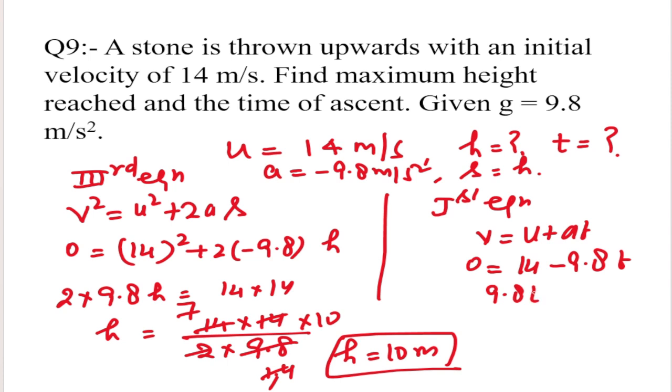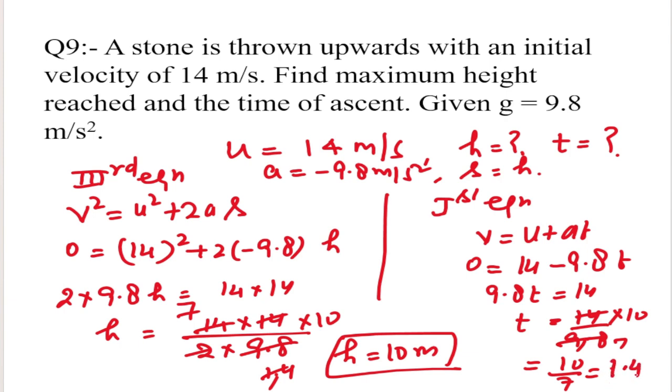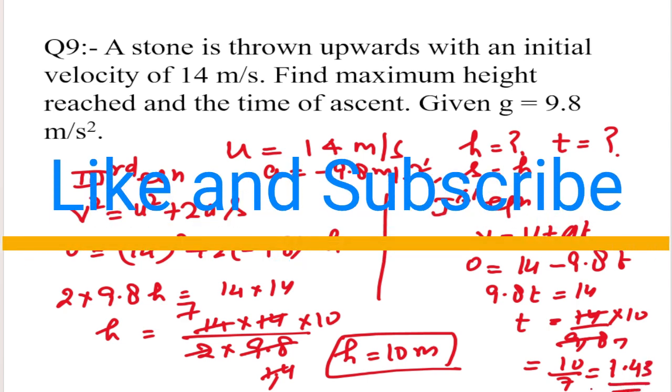Therefore 9.8 t equal to 14, t equal to 14 upon 9.8. Removing the decimal, 14 upon 98, 7 twos are 14, 7 fourteens are 98, and the time comes to 10 upon 7 seconds. 10 upon 7 seconds means approximately 1.43 seconds is the time.